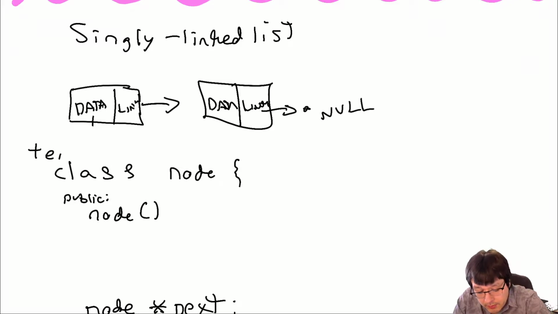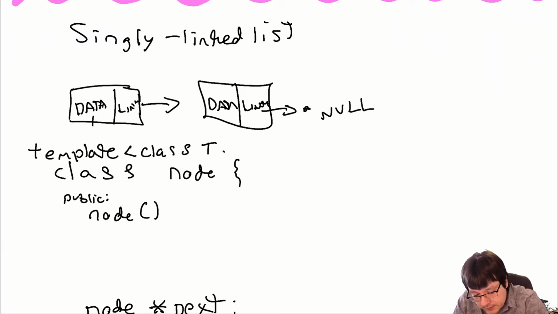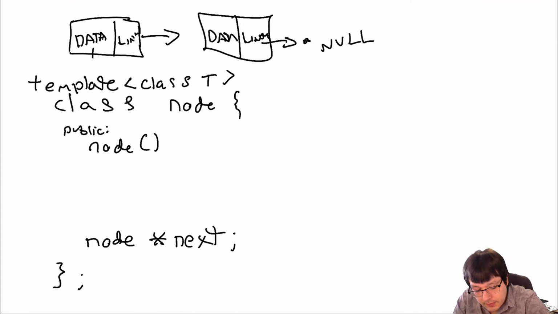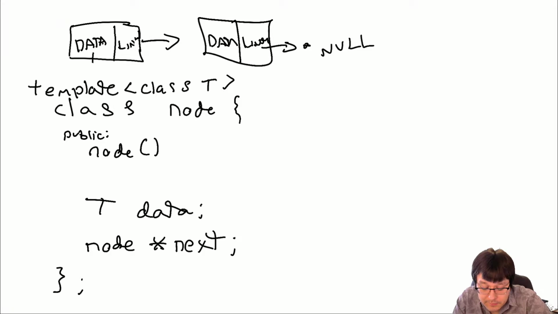That's probably a good practice so that it's flexible. So then we can just make it T data, right? If I remember my templates right, I think that's good. I haven't done templates in like a month and it kind of went away, but I think that's good.